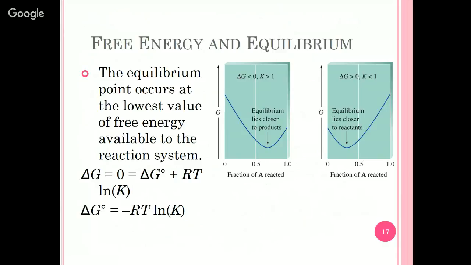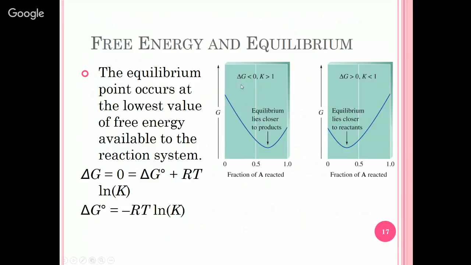So free energy and equilibrium. The equilibrium point occurs at the lowest value of free energy available to the reaction system. So once again, delta G is 0. In this particular graph here, our equilibrium lies closer to the products when we're looking at how much of A has reacted.